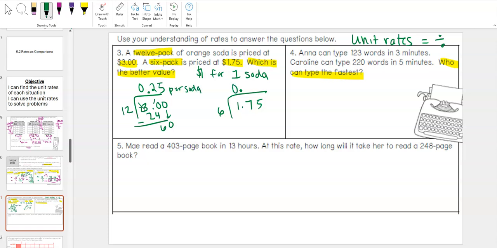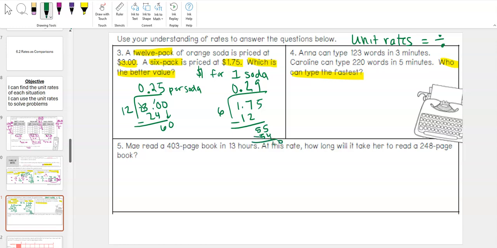All right, 6 goes into 1 0 times, but it goes into 17 2 times. Six goes into 55 9 times would be 54.